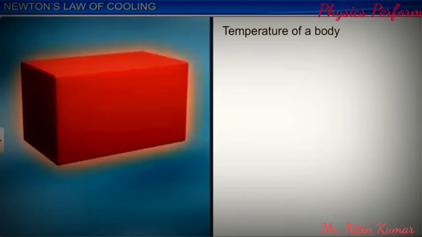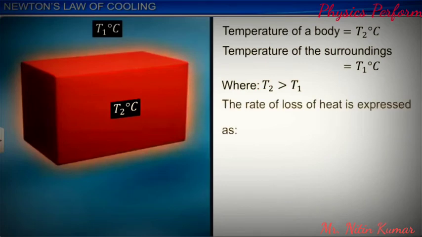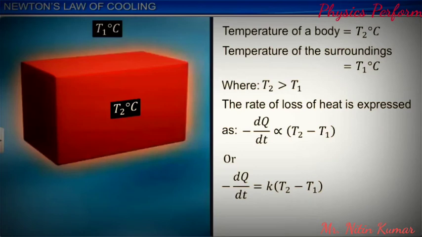If a body is at a temperature T2 degrees Celsius and its surroundings are at a temperature of T1 degrees Celsius, where T2 is greater than T1, then the rate of loss of heat is expressed as minus dQ by dt is proportional to T2 minus T1, or minus dQ by dt is equal to k into T2 minus T1.